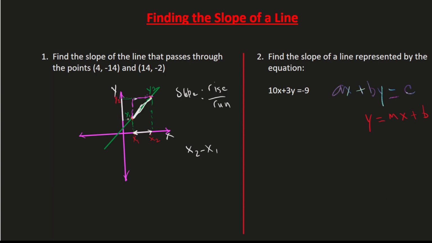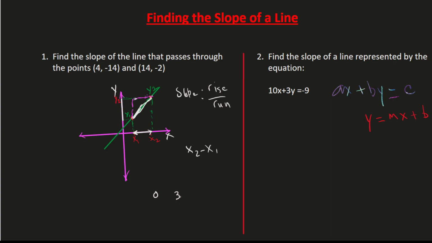The reason for that is, if you start at 0 and stop at 3, to find how many units you've covered you don't say 0 minus 3. You call 0 where you started and 3 where you finish. So it's going to be finish minus start.